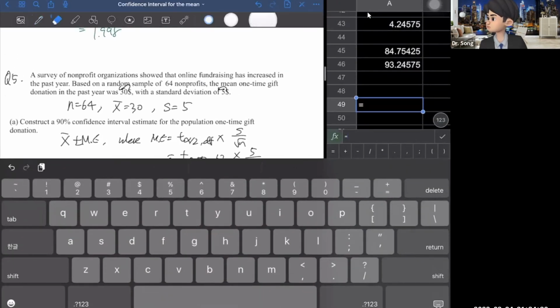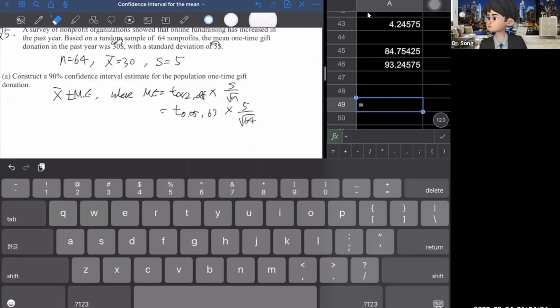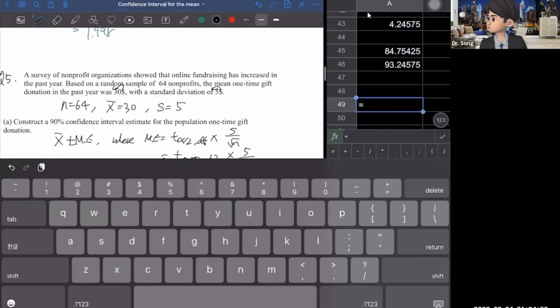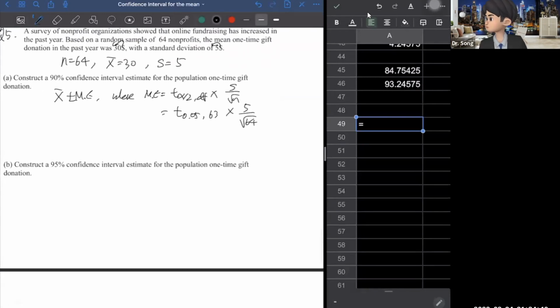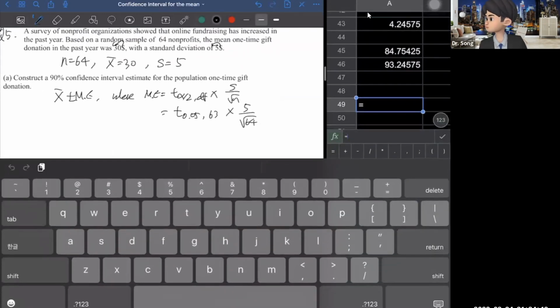You need to find the t critical value first. So put the equality, T.INV here. So 0.05, then you're going to get the negative value, but we need the positive value.